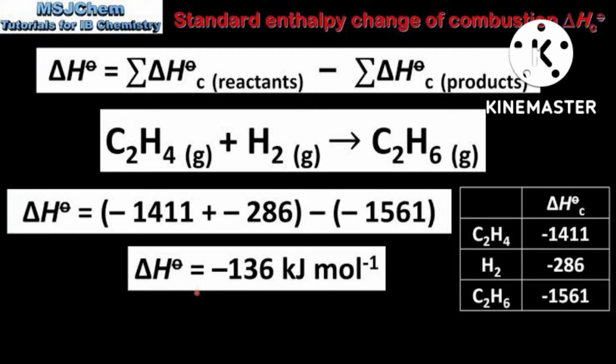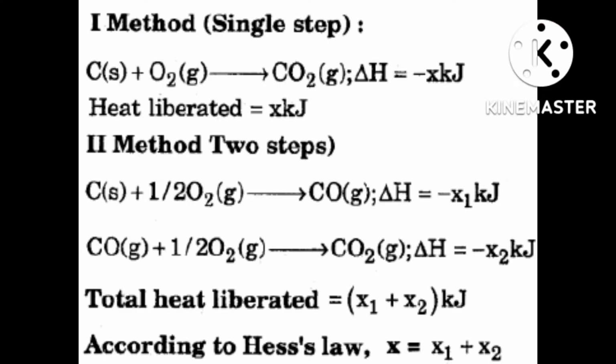Means temperature and pressure: I told you 1 bar pressure. Normal temperature is 273 plus T, that is 25 degrees, 298 K. But for standard, pressure will be 1 bar, STP, and temperature should be 273 K.